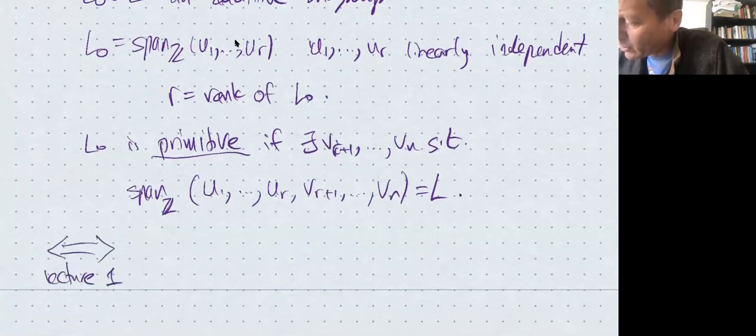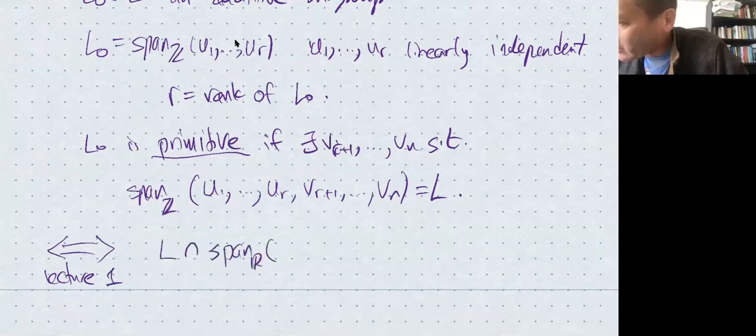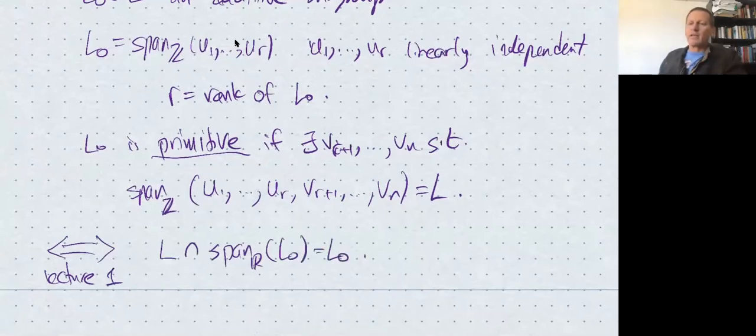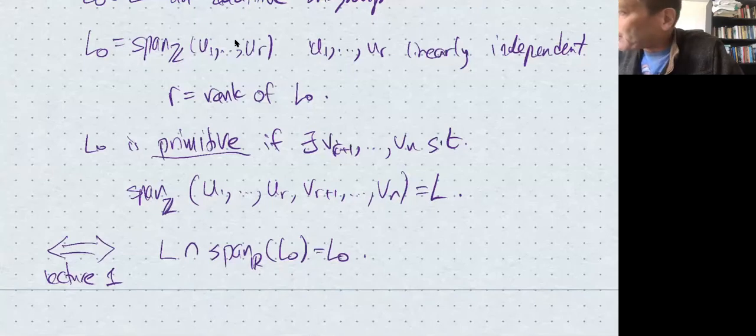this happens if and only if the intersection of L with the span over R of L0 is L0. In this definition it seems to depend on the choice of the u_i's, but with this criterion you see that it doesn't. It's purely a property of L0, and then we say that L0 is primitive.